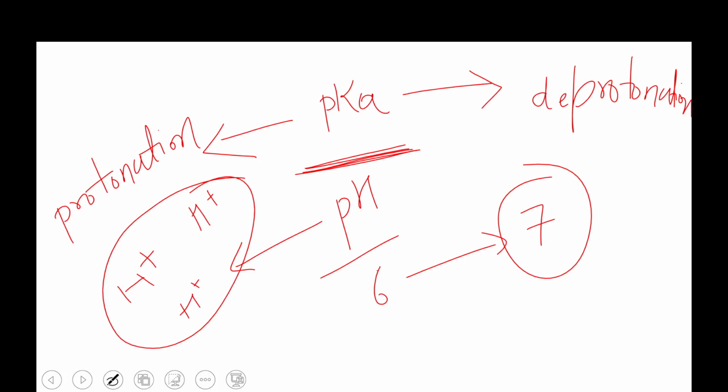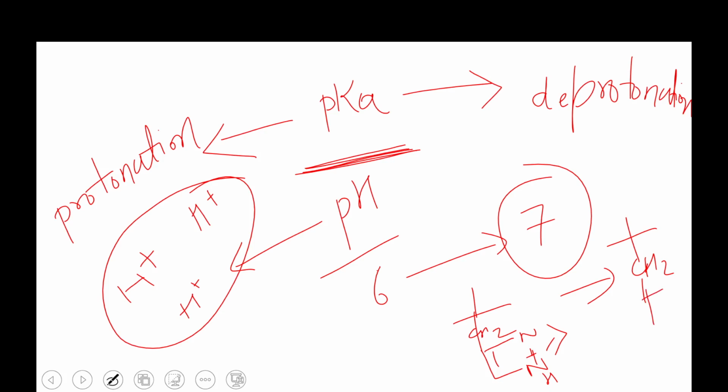So in the histidine structure we have something like this: CH2 in this particular ring, and this is how it looks. At physiological pH, which is above its pKa value, deprotonation of this amino acid takes place, so it will now have a neutral charge.